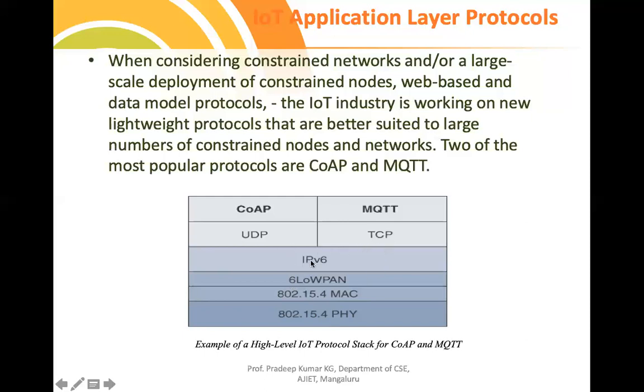Then we have IPv6 so that we can have more sensors, more security, more involvement. Over that we have transport protocols, UDP or TCP. UDP, user datagram protocol, reads the data in the form of datagrams; it is a connectionless protocol and there is no guarantee that the data is delivered to the other end.